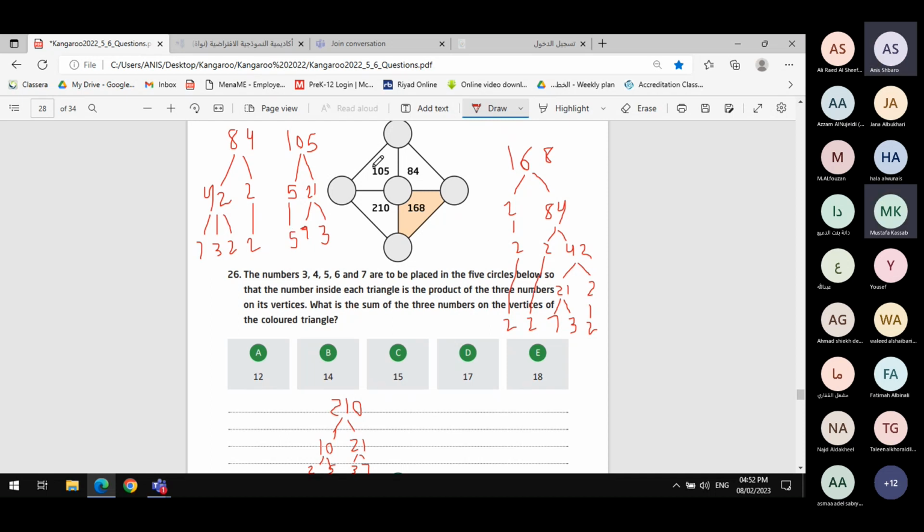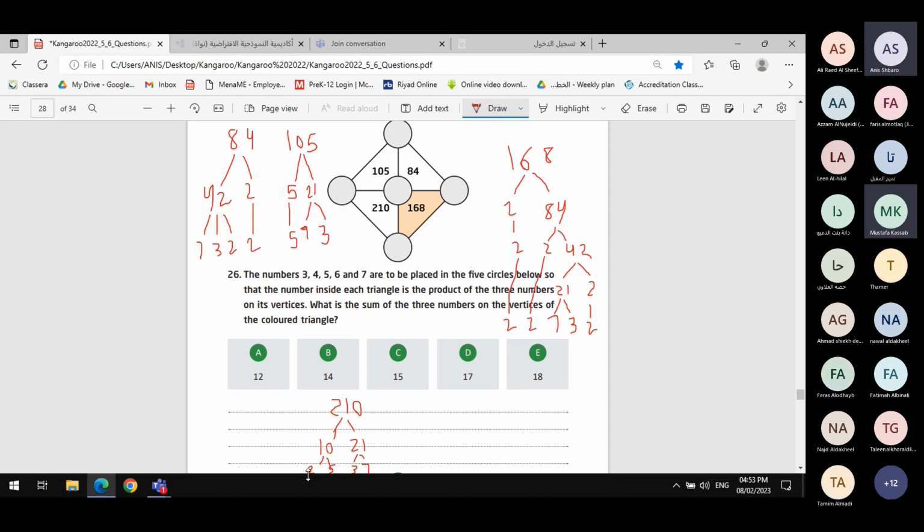So what is common between 105 and 210? I need two common numbers, for example 84 and 210. The common ones are 3, 7, and 2.